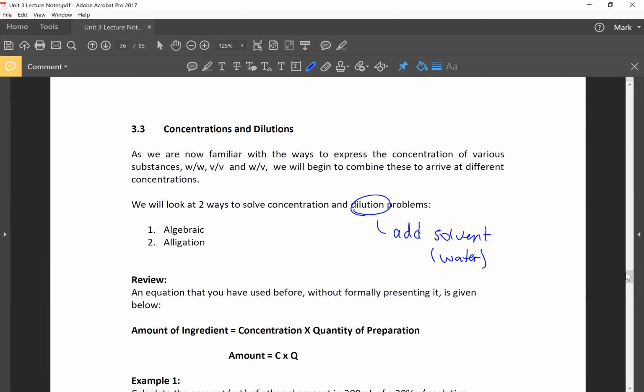So that's another thing I should write down. Dilution reduces concentration. An example is if you were drinking tea or coffee and it was too strong, what in chemistry or in this course we would say too concentrated, you just add water to dilute it so it doesn't taste as strong.